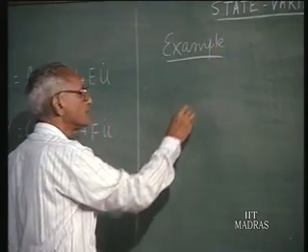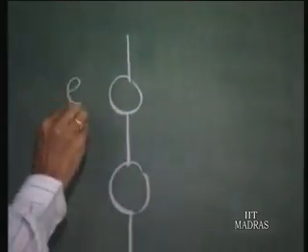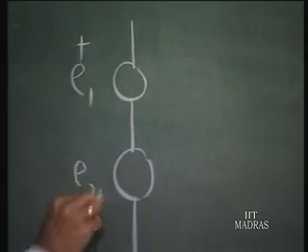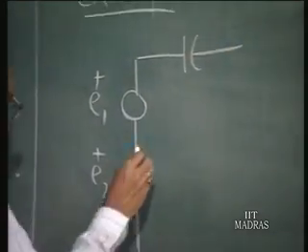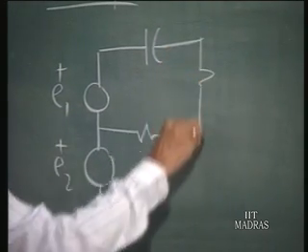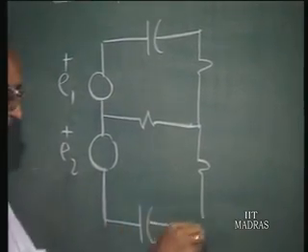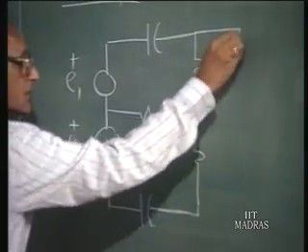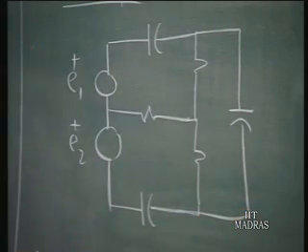Let us consider a circuit in which two sources are acting. We have three resistors and three capacitors like this.